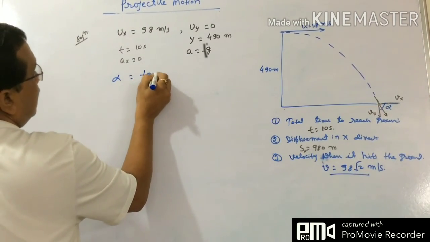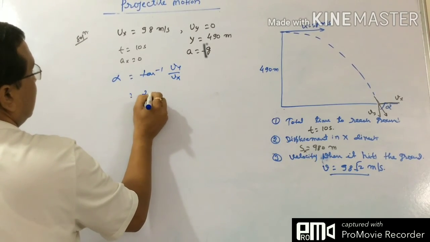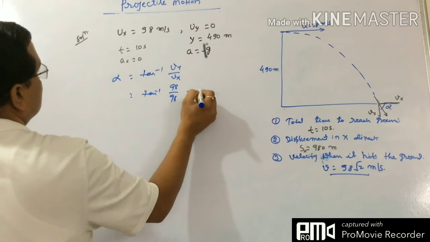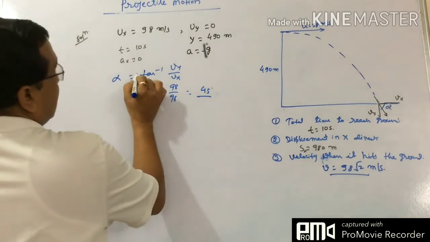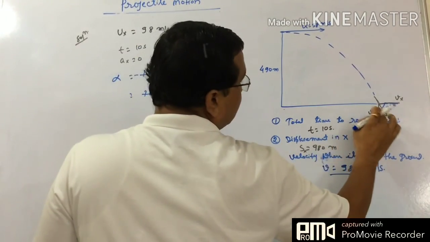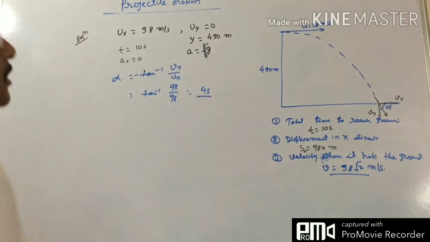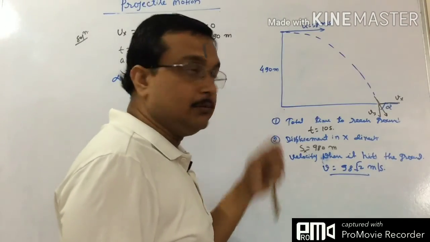So tan inverse vy by vx is tan inverse 98 by 98, tan inverse 1, which is equal to 45 degree, but it will come with a negative sign here. It means the y component of this velocity is in the negative y direction, not in the positive y direction.